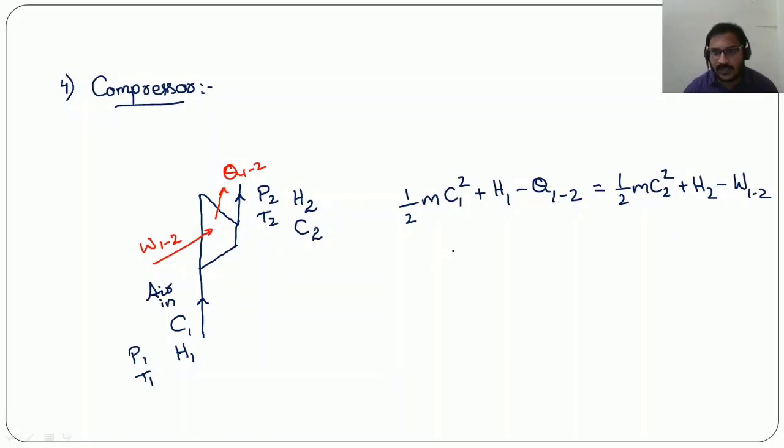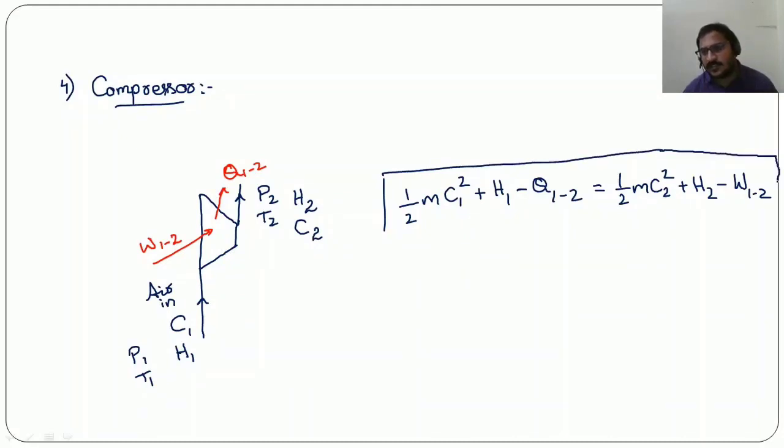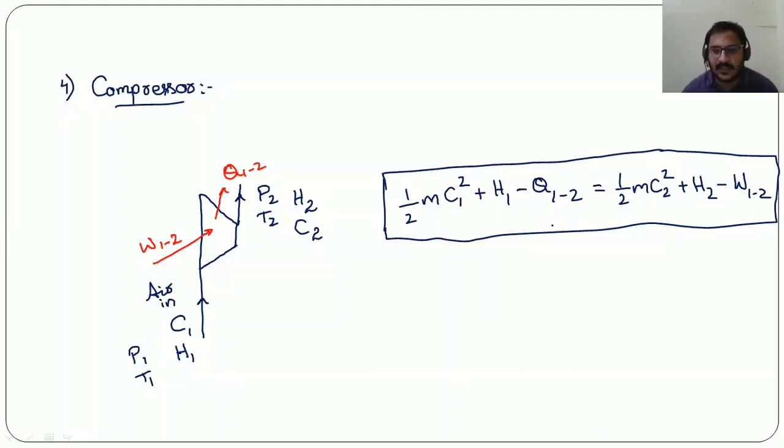If we want in terms of work or heat, whatever you want you can write. So this is the expression that we need to consider, and remember the unit conversions here. So all the things, heat, work, everything we are considering enthalpy in terms of joules only. That's why we have written this equation.